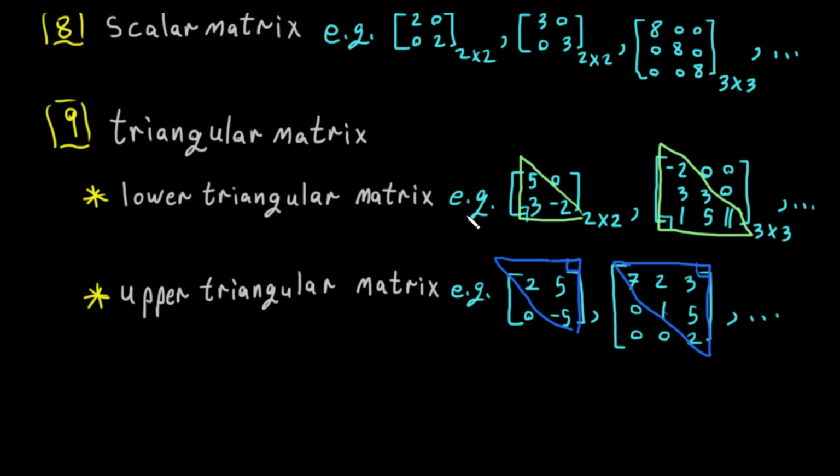A lower triangular matrix is when all entries above the main diagonal are 0, whereas an upper triangular matrix is when all entries below the main diagonal are 0. So here, below the main diagonal are zeros.